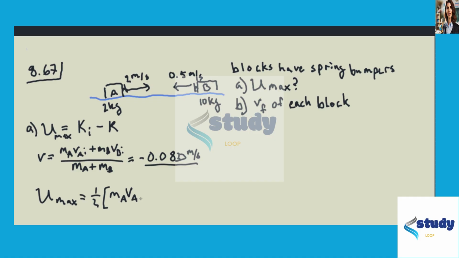MA VA initial squared, plus MB VB initial squared, minus their kinetic energy when they're moving together, which is an object with the combined mass of the two, moving at this center of mass speed. And so if you put the numbers into that, you get 5.21 joules.